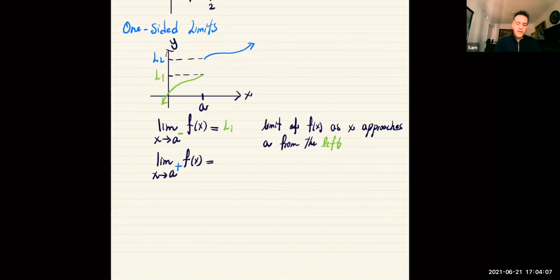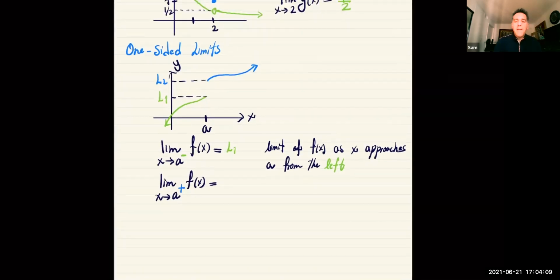Now, look at the graph. Imagine you are walking on this graph, okay? And you are on the right of A. Here is A, you are on the right of A. You would be on the blue piece, walking on the graph. As you walk, you're vertically getting close to L2.